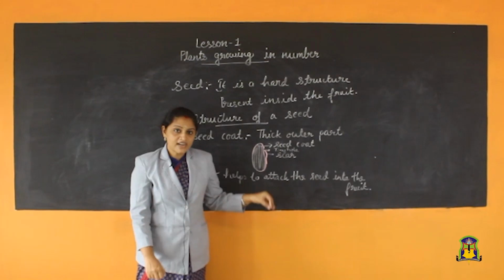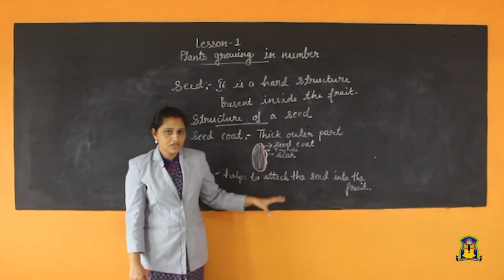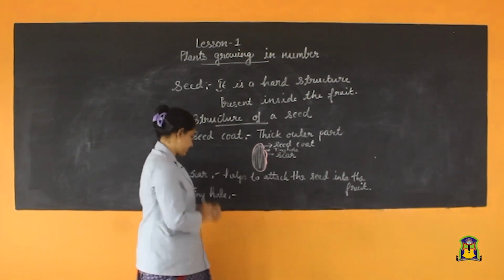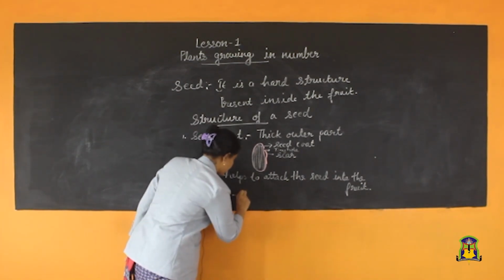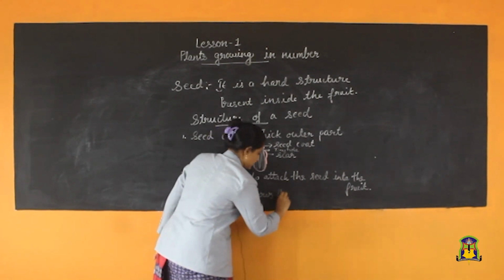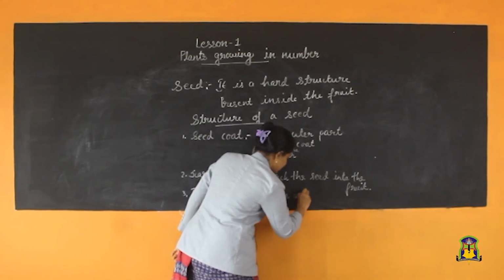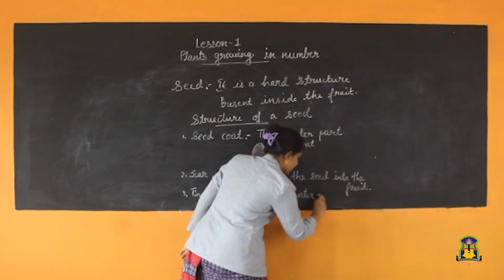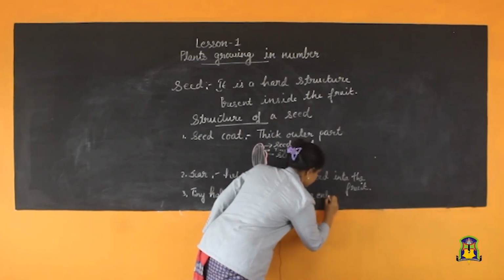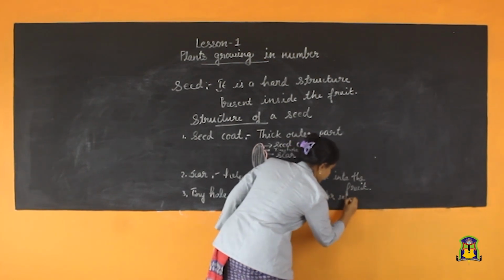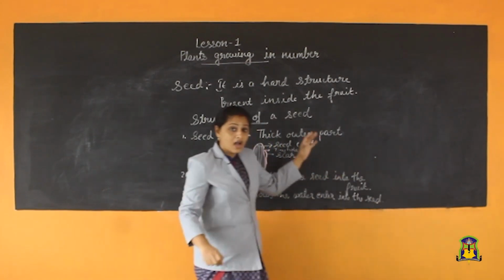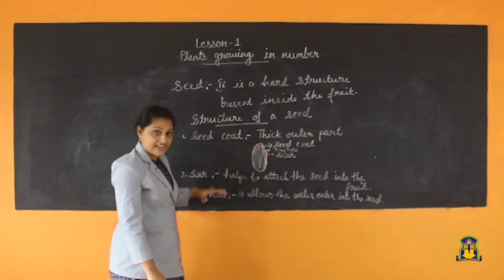And the function of this tiny hole, it allows the water to enter into the seed. Okay, these are the outer parts of the seed we can see.